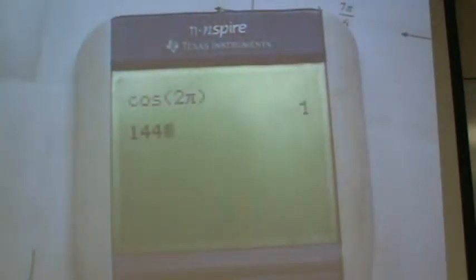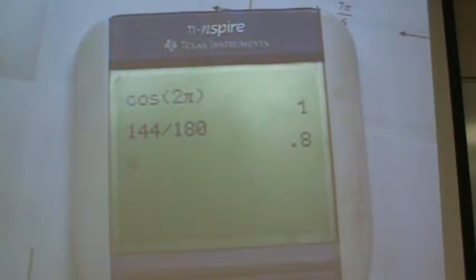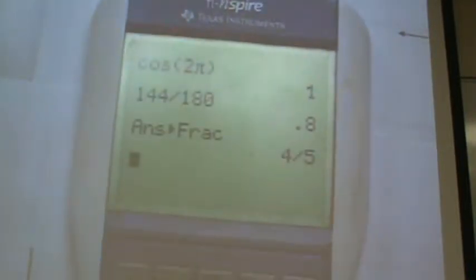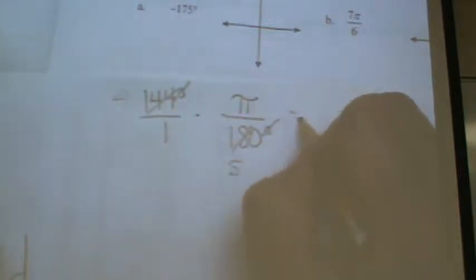What's 144 divided by 180? I'll show you how to do it on this one. 144 divided by 180. You're going to get a decimal and then hit math, fraction, and that's 4/5. So it's 4/5 pi. So 4 pi over 5 is the converted answer.